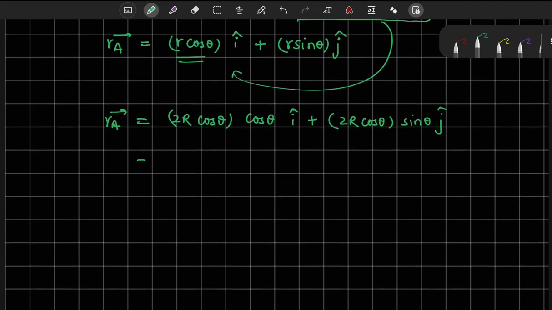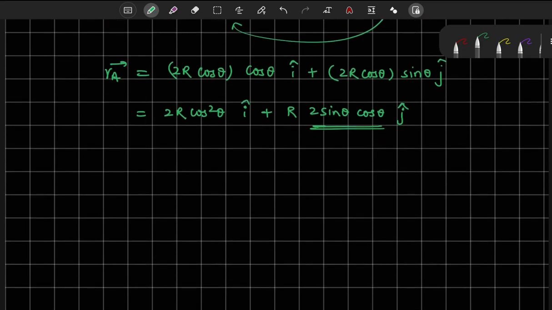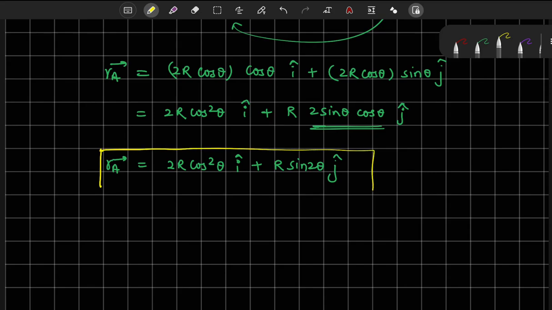So from here we get 2R cos square theta i cap plus R times 2 sin theta cos theta j cap, and we know that 2 sin theta cos theta is sin 2 theta. So the position vector is equal to 2R cos square theta i cap plus R sin 2 theta j cap. Now we have to find out the magnitude of the velocity.